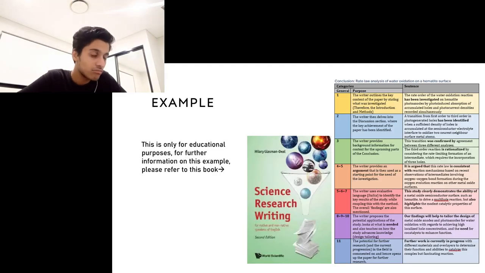And yeah, this is pretty much it. I don't think they've talked about limitations in this example. Yeah, there's nothing much on limitations, but I think the limitation of the research is actually mentioned in the last part of the conclusion section.